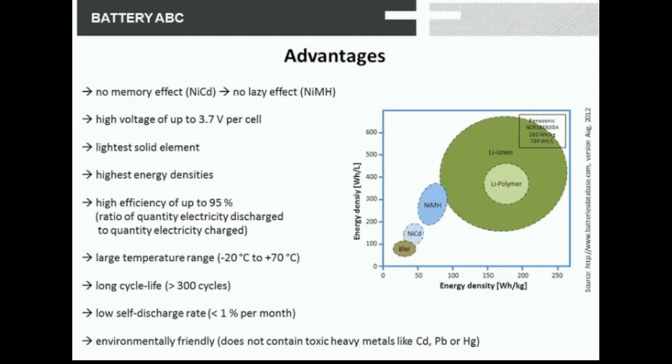It has the highest energy density and the highest charging and discharging efficiency. You can use this technology in large temperature ranges from -20 degrees Celsius up to 70 degrees Celsius. It offers long cycle life and a low discharge rate, which might be an advantage, for example, for regions in the world where the temperature is usually hotter than expected.